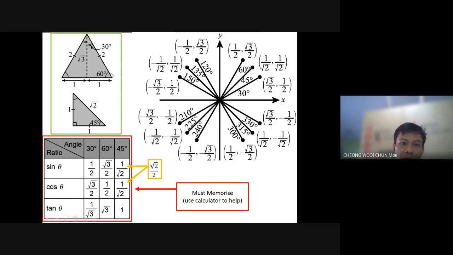Given the length of 2 and this length of 1, to find this length it will be 2 square minus 1 square, the longest minus the shortest. 2 square is 4, 4 minus 1 is 3, so this one will be square root of 3. This is just to understand the diagram. So we proceed.